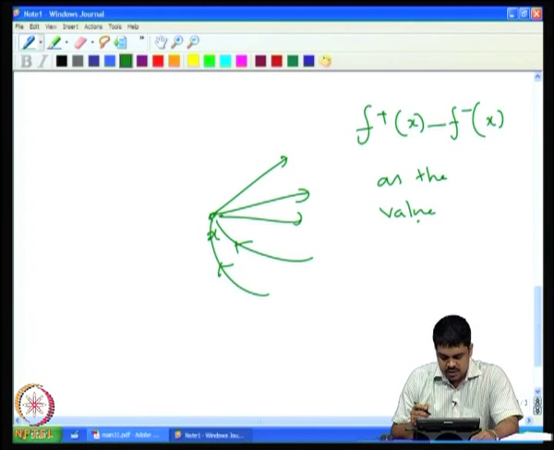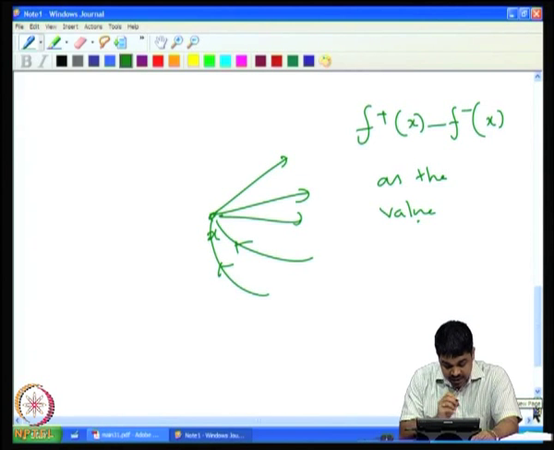Now, but then is it consistent? It is a very interesting thing. If you are sending this much from x, is the same amount reaching y, or is more reaching or less reaching?